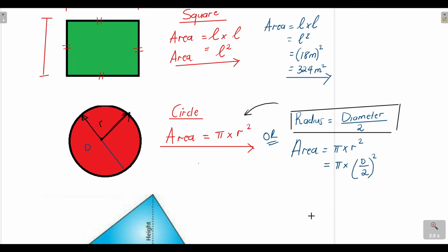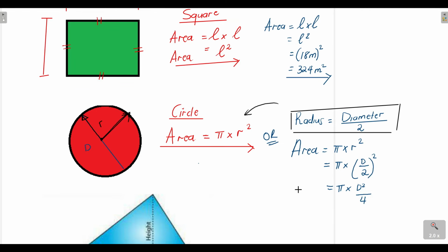So what happens now? What we see now is that, if you wanted to calculate the area of a circle by just using your diameter, you can say pi multiplied by d over 2 all squared is the same as writing it as d squared over 2 to the power of 2, which is 4.